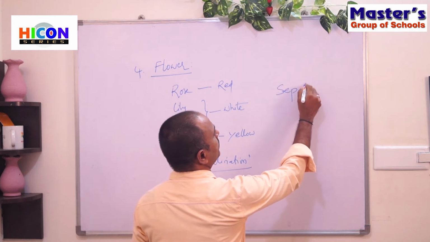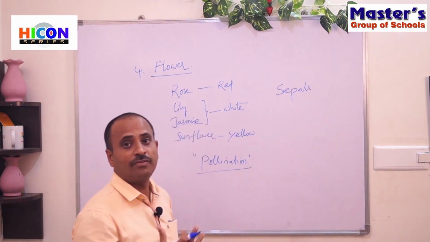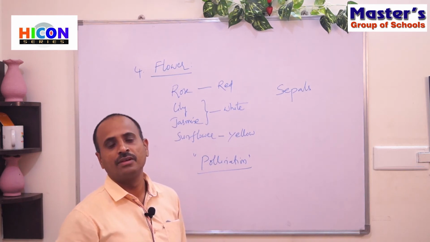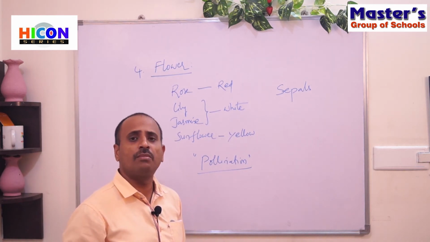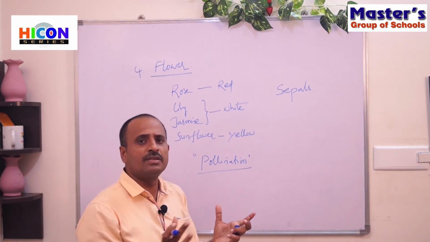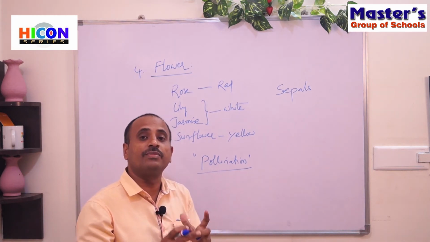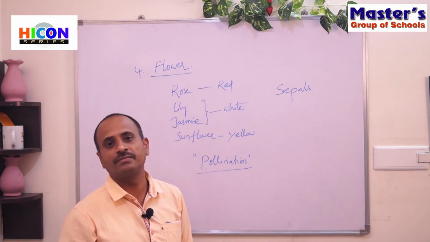These sepals protect the flower when it is in the form of a bud. When the flower is a bud, the sepals cover the bud and protect it from the insects and from the winds.